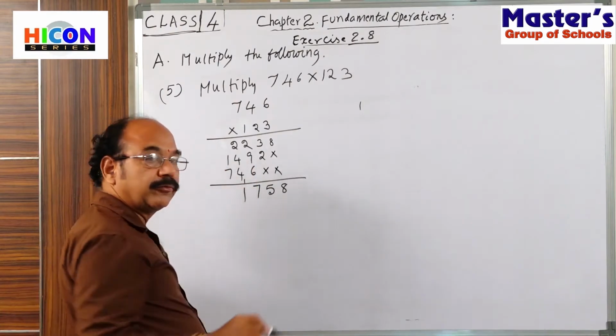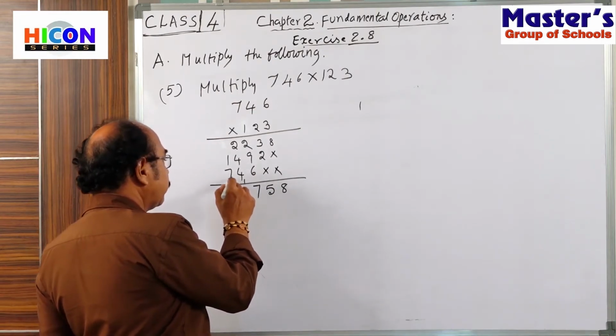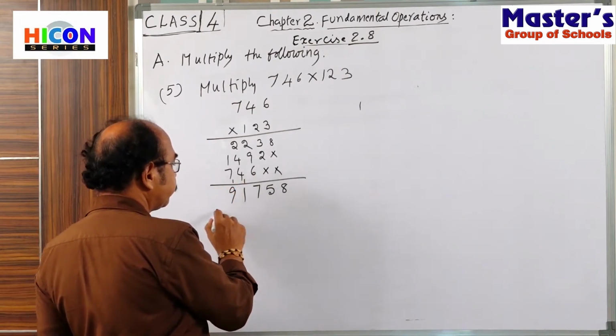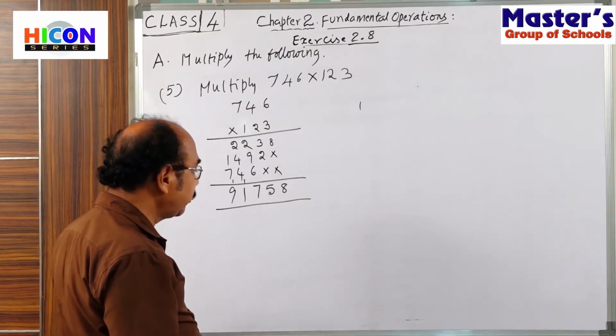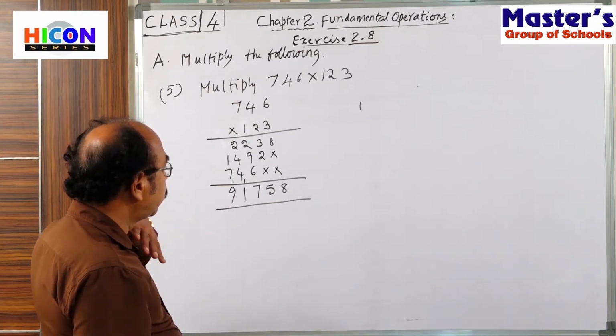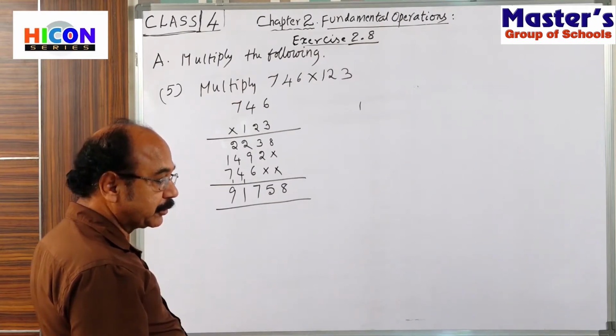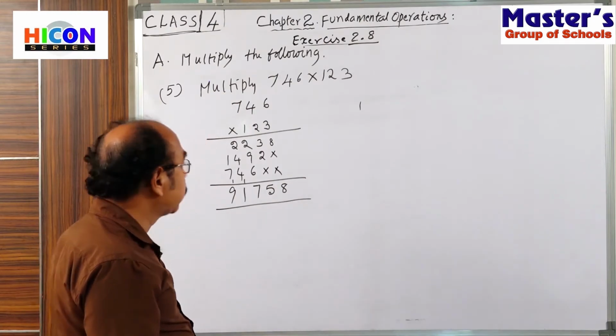So 1 is there. 1 plus 7, 8, plus 1, 9. 91,758. This is your regular habit. That means usual way. This is your habitual method.